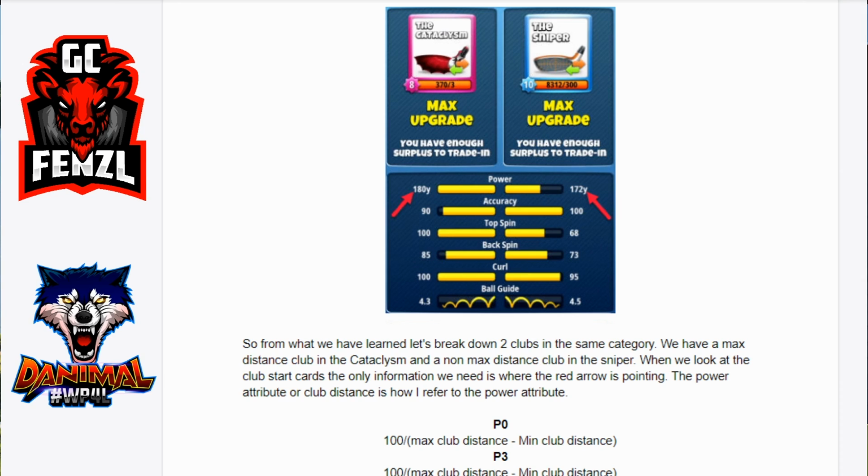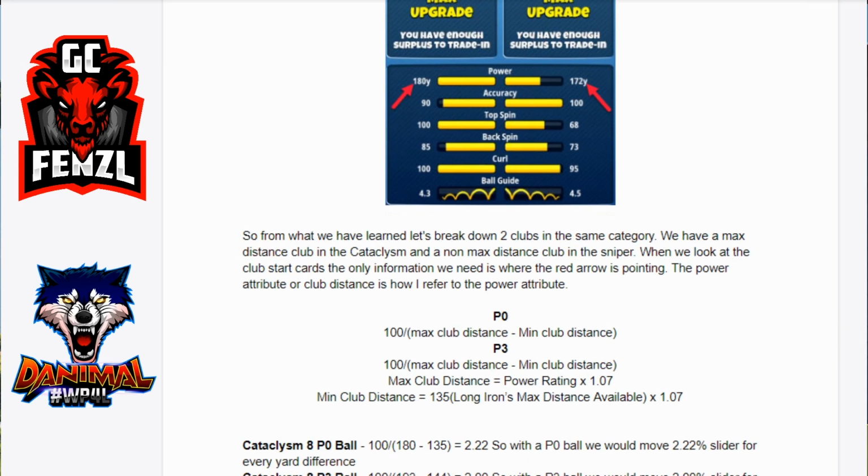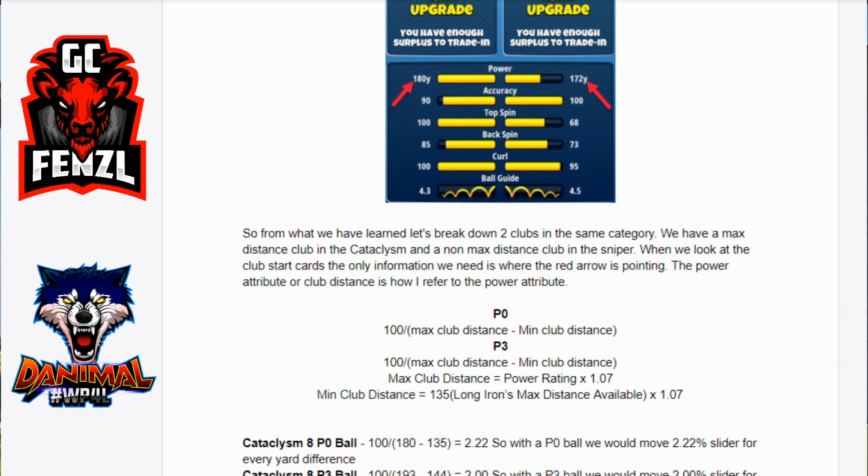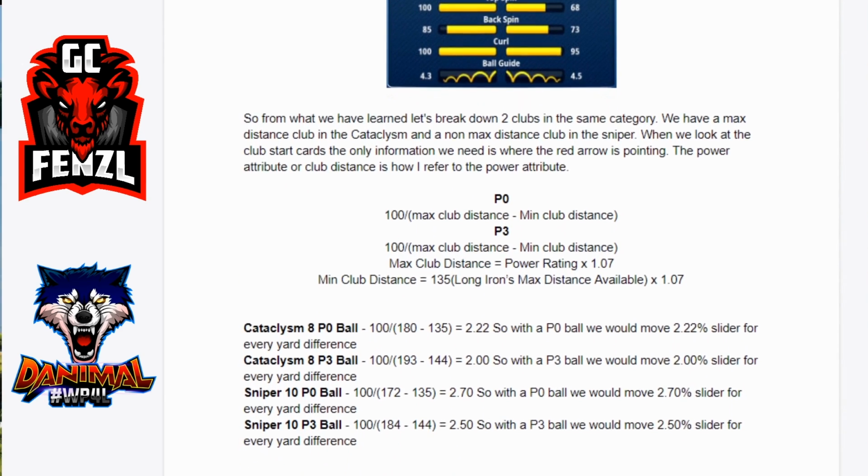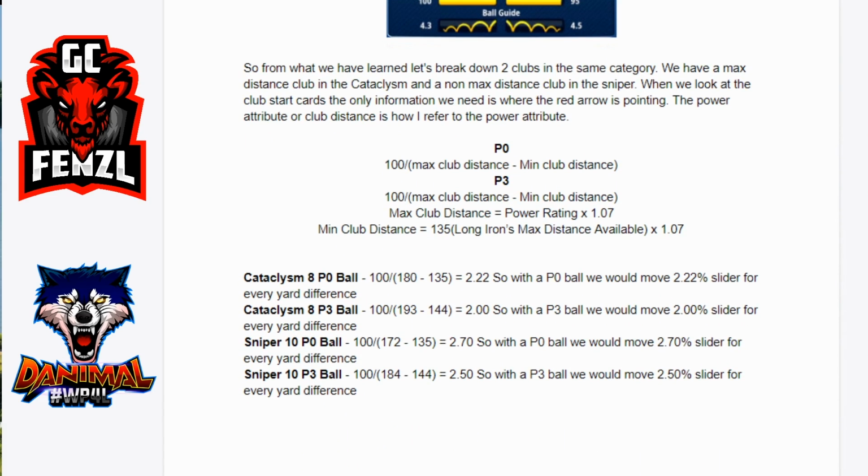So if we want to do a cataclysm, P0 ball, all we're going to do is take 100 and divide it by the max club. And you see down there, if you read Cataclysm 8, P0 ball, that's in bold, I break down the calculation for you. So you're doing 100 divided by, now again, when you're doing math, you always do the parentheses first.